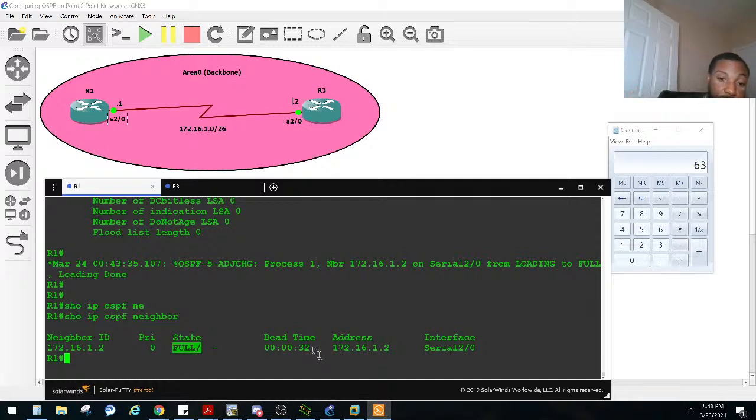The dead timer is basically based on how often he says hello, right? If he hasn't heard from his neighbor in 4 times the hello interval, whatever the interval is, then he considers his neighbor dead. I believe by default OSPF routers say hello every 4 seconds. 4 times the hello is 40 seconds.